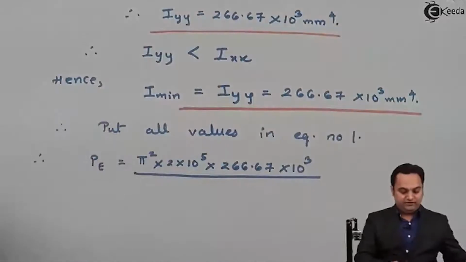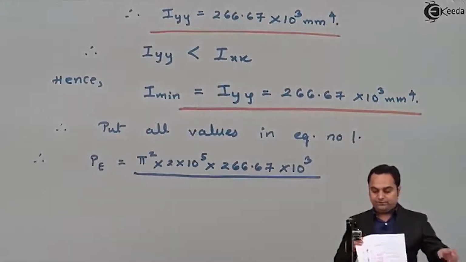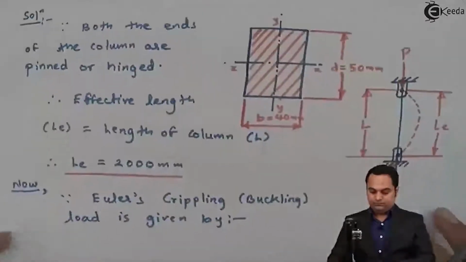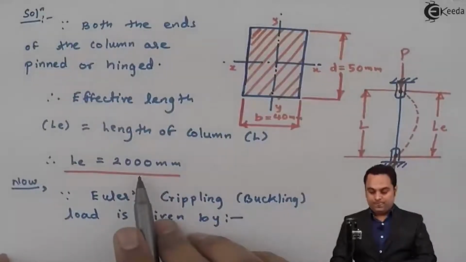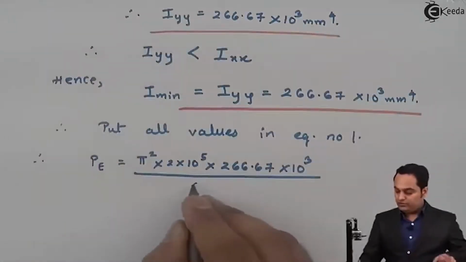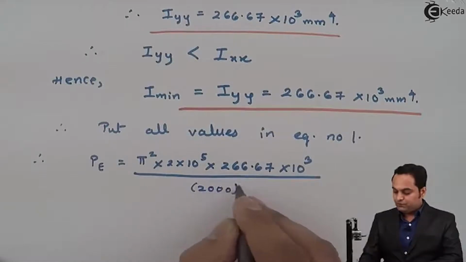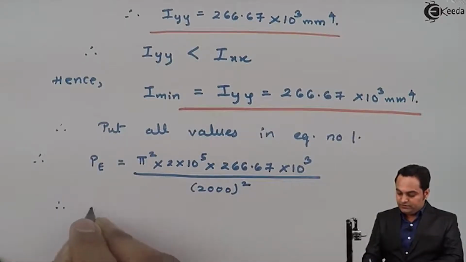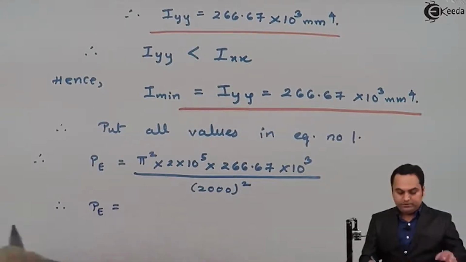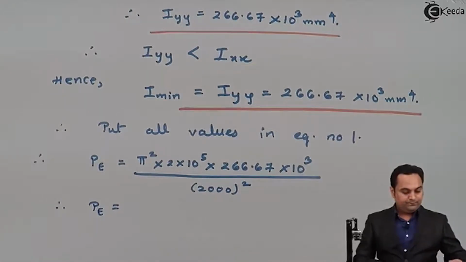So effective length we have found out, it was 2000, so therefore it is 2000 square.